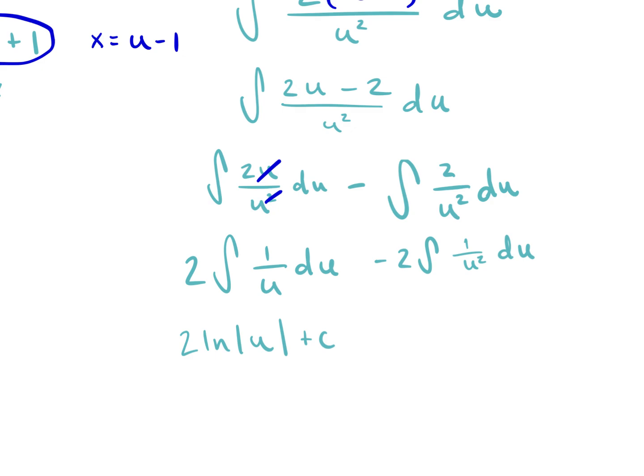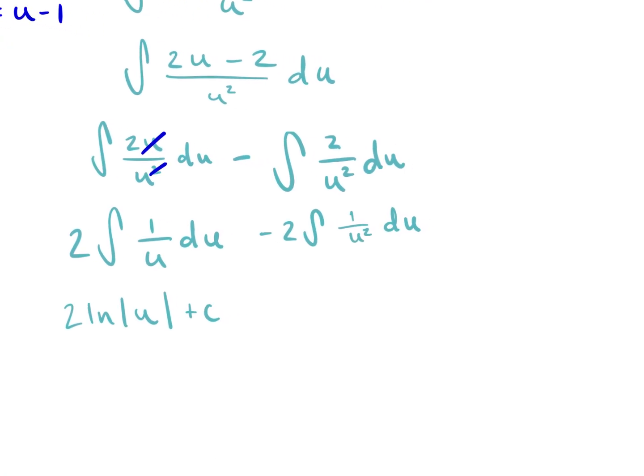Any ideas of how we could take our antiderivative here? What if we made this negative 2 times the integral of u to the power of negative 2? What would our antiderivative be of u to the power of negative 2?